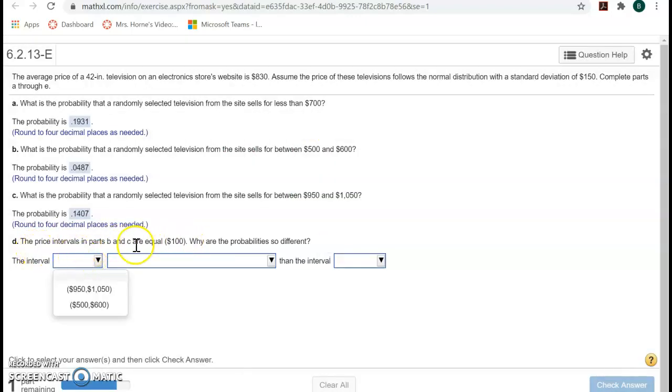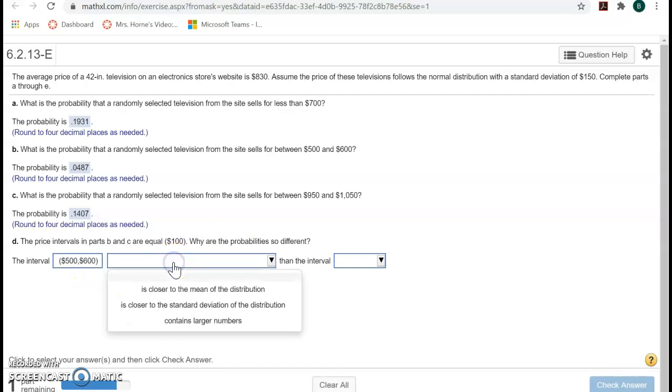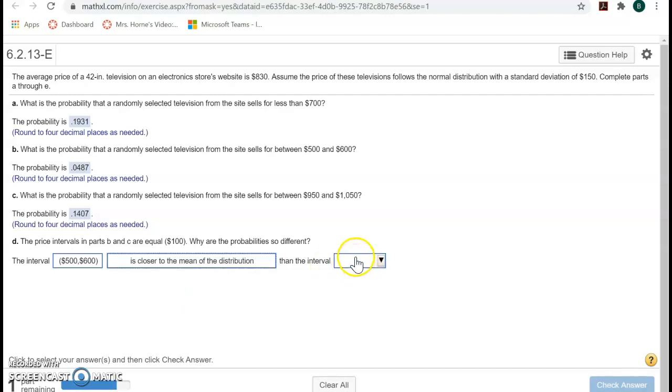The price intervals in part B and C are equal, 100. Why are the probabilities so different? Because the 500 to 600 is closer to the mean of the distribution than the interval. The closer it is to the mean, let's see.